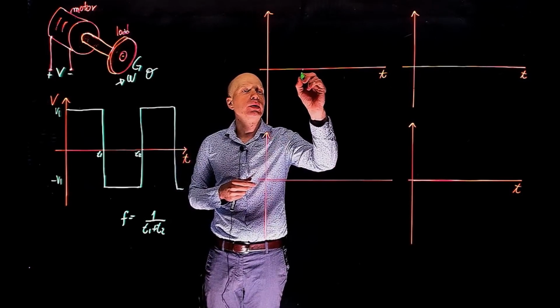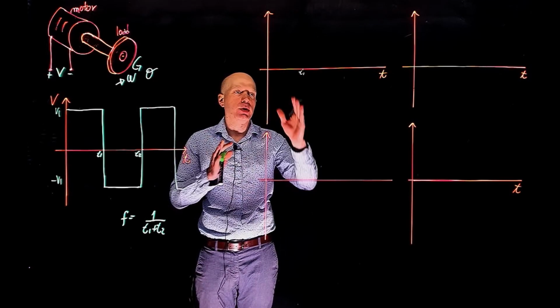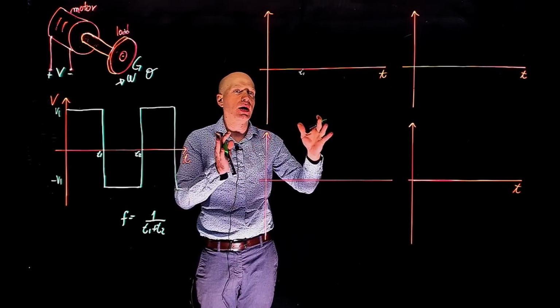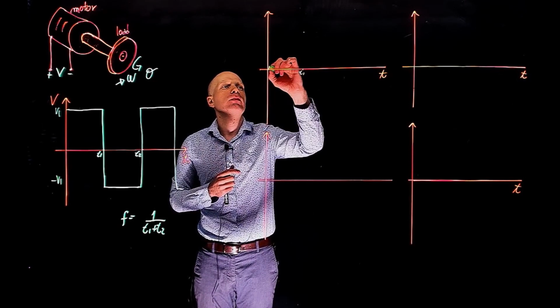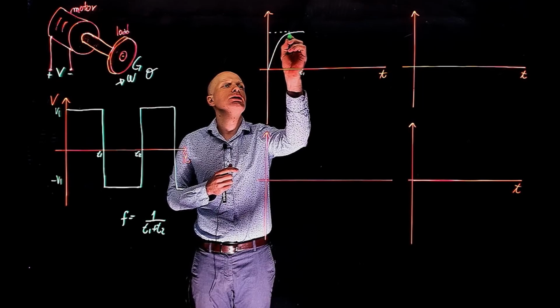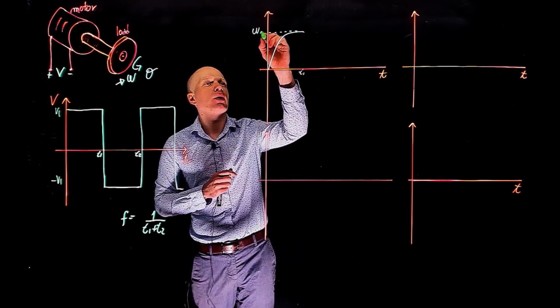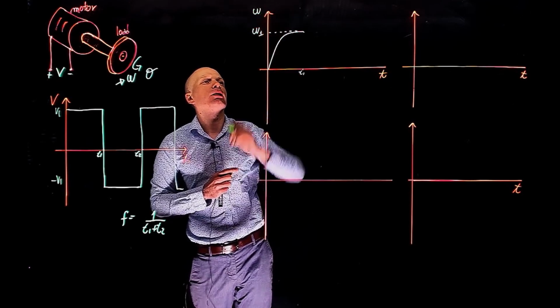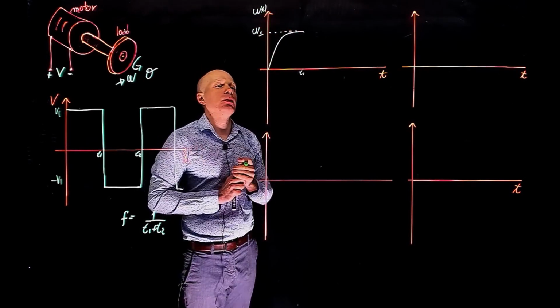So if T1 is around here, we give the motor sufficient time. We're assuming again that T1 is enough time for the motor to speed up and reach that constant maximum speed. That constant maximum speed we are going to call omega 1. So this is omega of t, the speed of the motor.